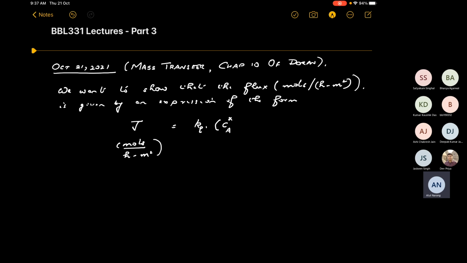It can be oxygen, or it can be CO2, or it can be nitrogen, or whatever, minus C_A, where this concentration is the concentration of gas A in the bulk phase.